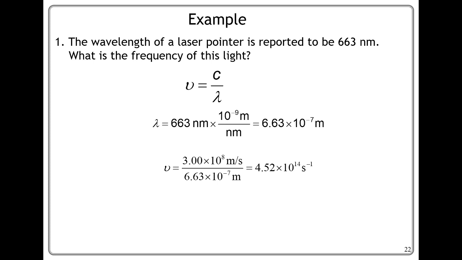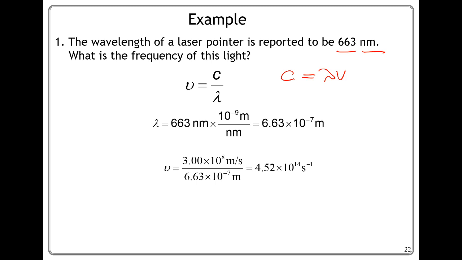For example, the wavelength of a laser pointer is reported to be 663 nanometers. What is the frequency of this light? Remember from the equation, the speed of light is the product of lambda times the frequency.